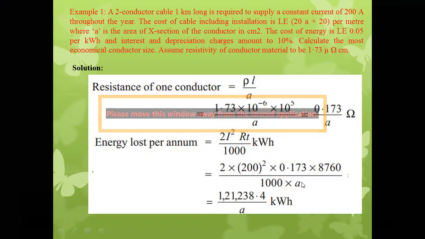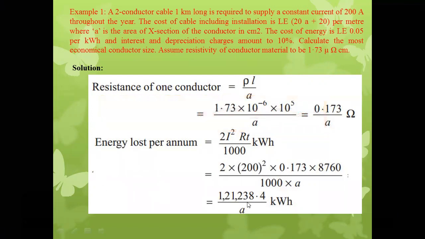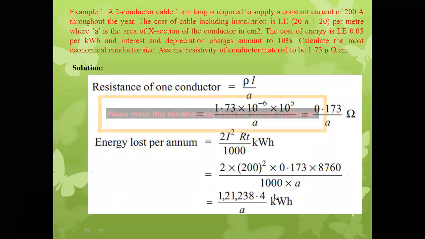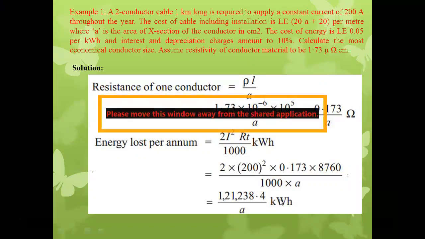Calculating this, it will be 1,21,238.4 divided by A kilowatt hour. This is the energy lost per annum.